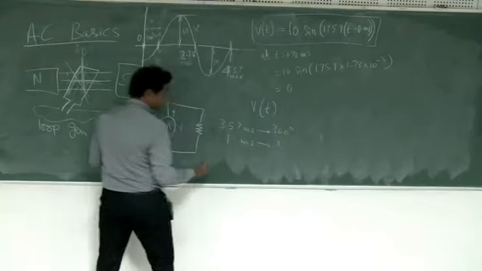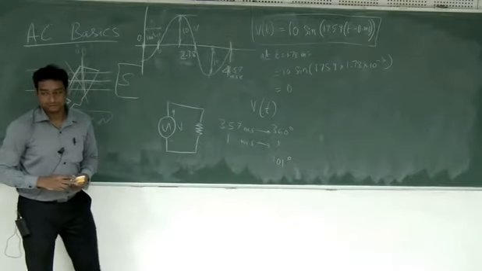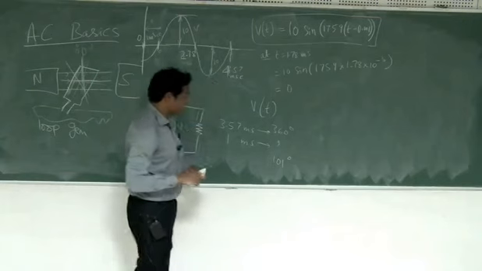So 101 degrees, for example. 101 electrical degrees. So just about 9 degrees away.